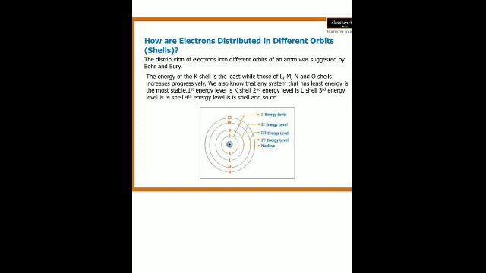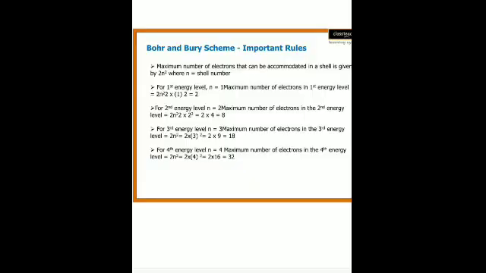Have a look into this table. But before showing you the table, let's first see. The maximum number of electrons that can be accommodated in a shell is given by 2n square, where n is the shell number.